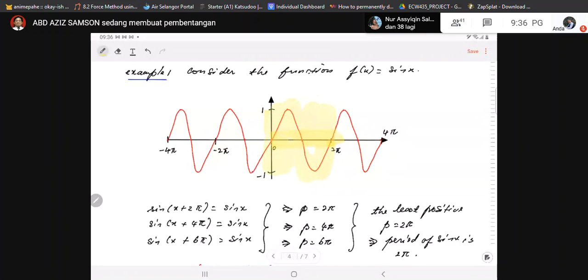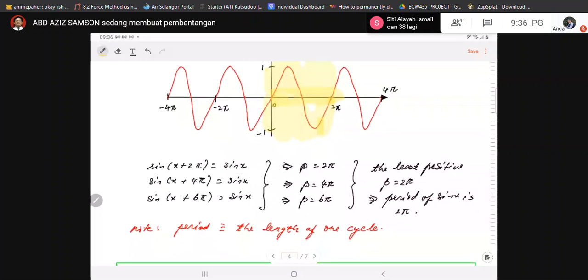For an interval of 2 pi, you can see that the basic pattern is being repeated from 2 pi to 4 pi, and then from minus 2 pi to 0, from minus 4 pi to minus 2 pi. So sine of x plus 2 pi is equal to sine x if you expand this. This means that p is equal to 2 pi.